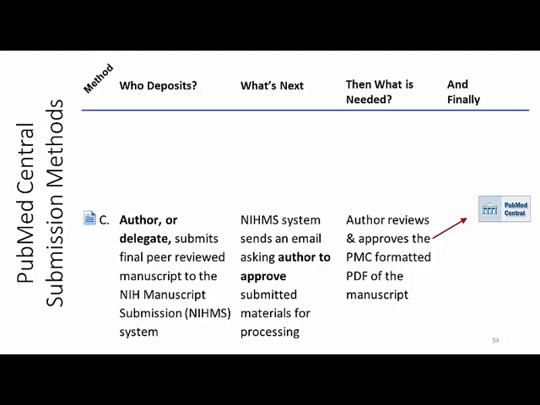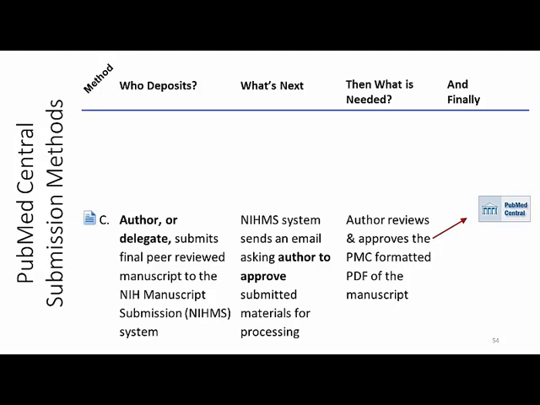Then, to confirm that this is a proper submission, the author gets an email that they have to respond to. This is one of the places where you will have some issues where it's stalled out because the PI or the submitting author has not responded to that email. I've seen quite a few of those where it's just languishing. It should have been responded to a long time ago.